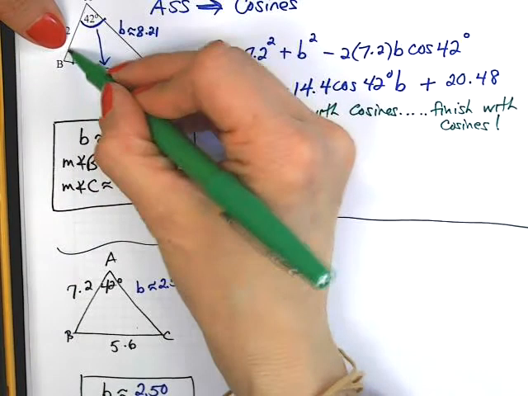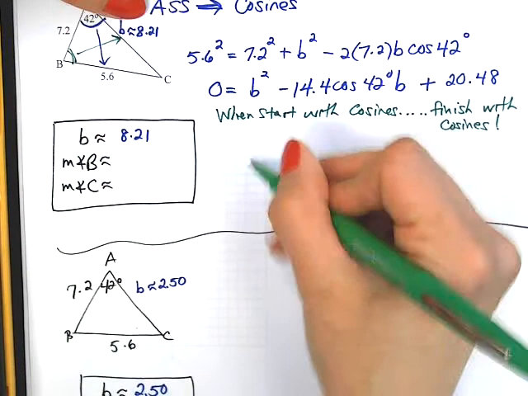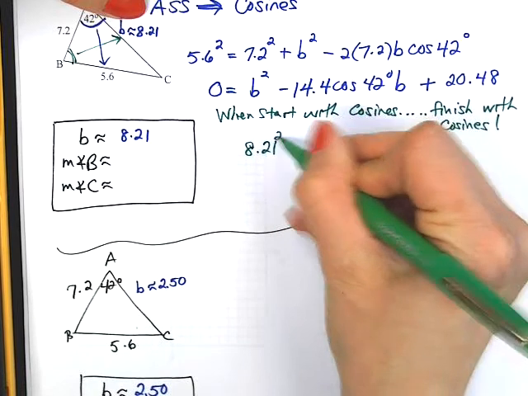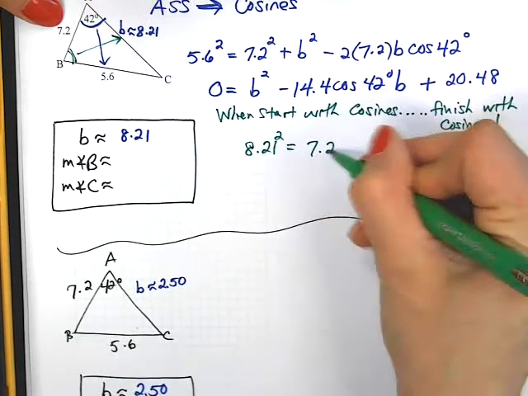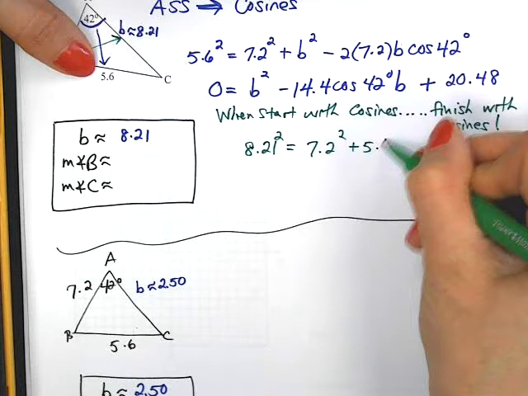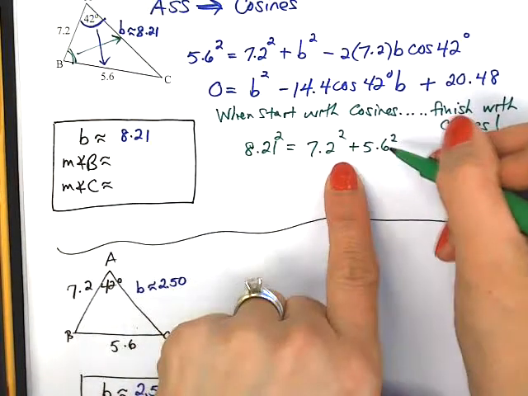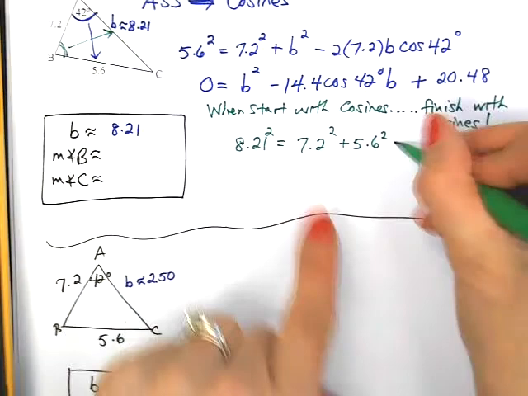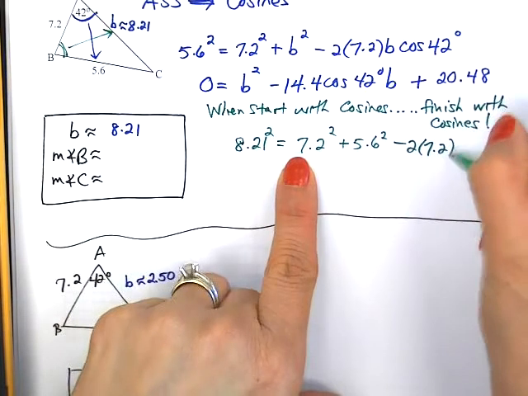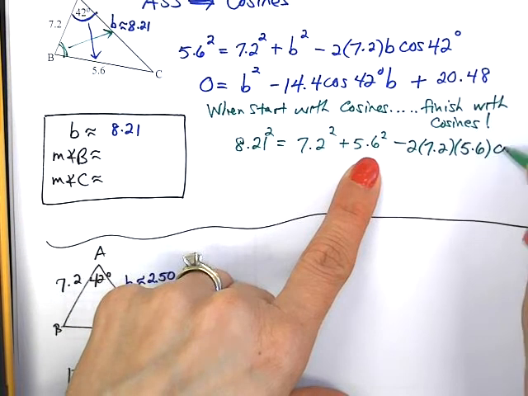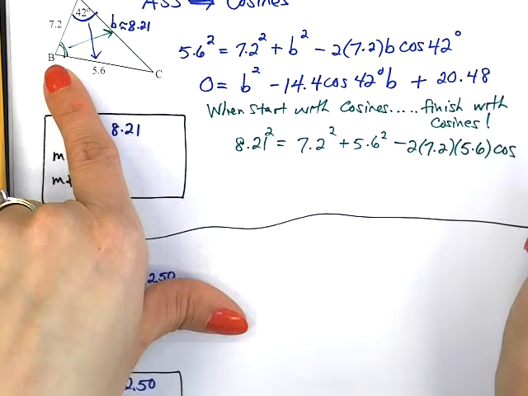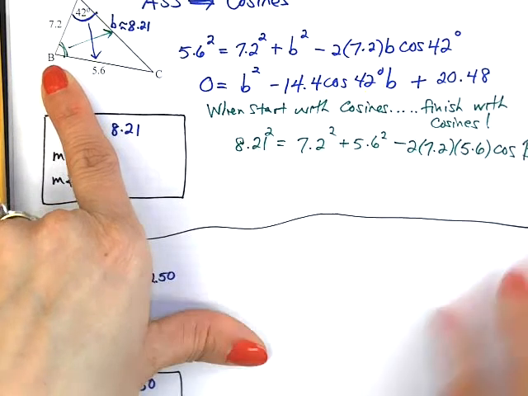If you want to go for measure of angle B, let's start with side 8.21 squared. Then we have the other 2 sides, 5.6 squared, and then just look right here to finish your law of cosines. Minus 2, the first side, the second side, cosine of angle, oh I don't know it, capital B. That's the angle that I'm going for.